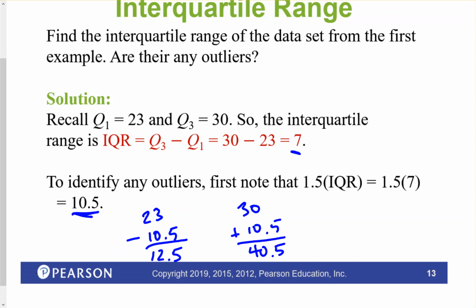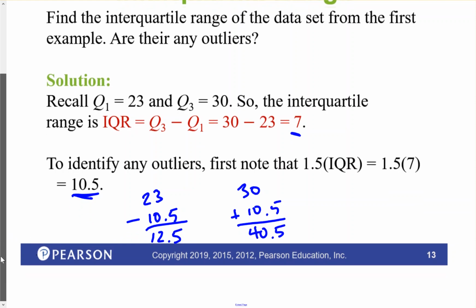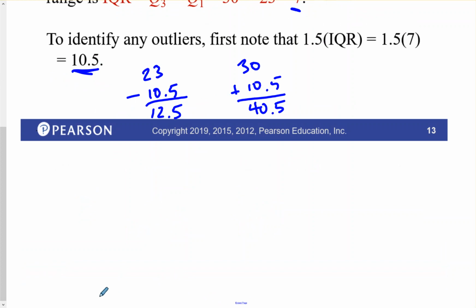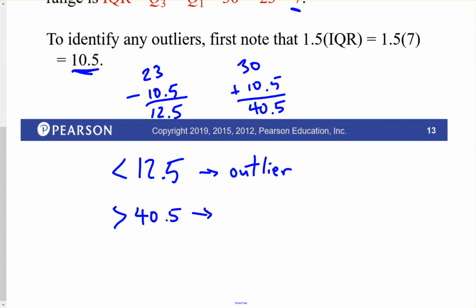And anything greater than 40.5 is also an outlier.